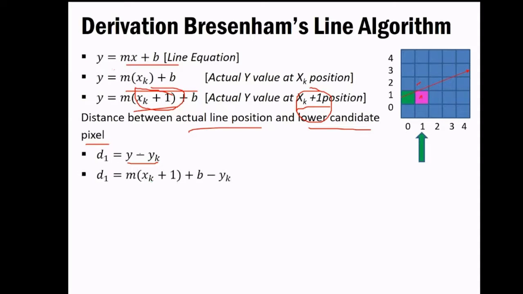The very first thing is the value of y. The most recent value that we have as of now is m xk plus 1 plus b. So this is what you have to substitute for the y value, minus yk. So write down this thing in your notebook and wait for the next step.